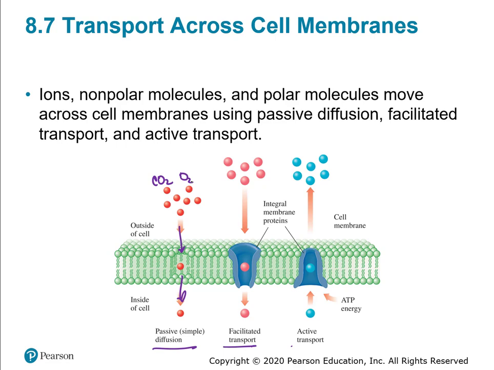That would probably be oxygen molecules because they want to diffuse in. Carbon dioxide diffuses out. But facilitated transport, this would be what glucose does. So glucose, when it's high concentration in the blood and there's insulin, that opens those glucose channels and that allows the glucose to move straight through into the cell.